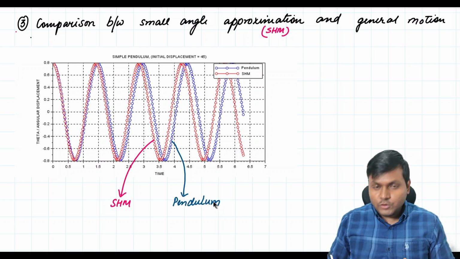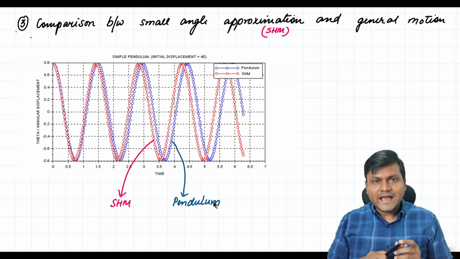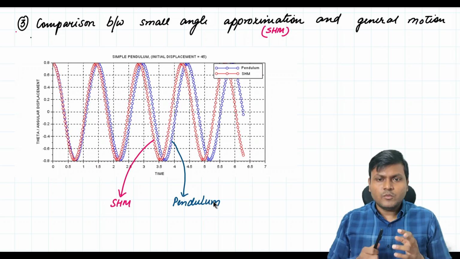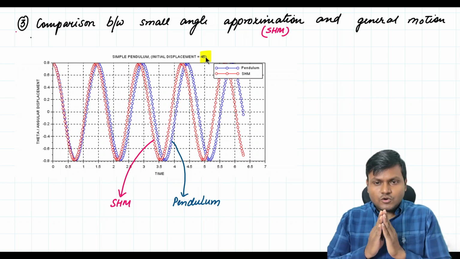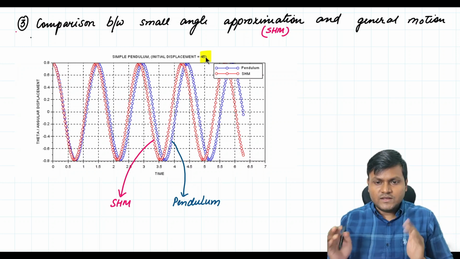Now, as I showed you earlier, for smaller angles, theta equal to 15 degrees, 30 degrees, both of them were very, very close to each other. But for large angle, like 45 degrees, both of them keep going out of phase with time.